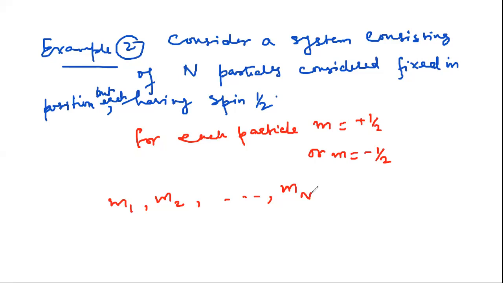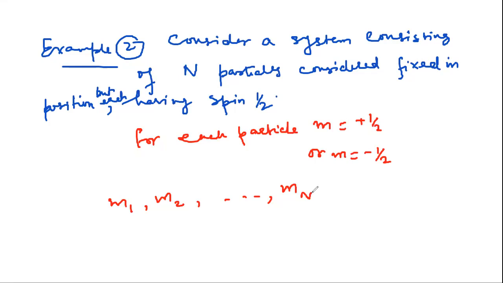So m1 is the magnetic quantum number pertaining to particle 1. m2 is the magnetic quantum number pertaining to particle 2. And similarly up to mn, there are n particles in the system. So the set of these n quantum numbers will specify the state of the entire system.